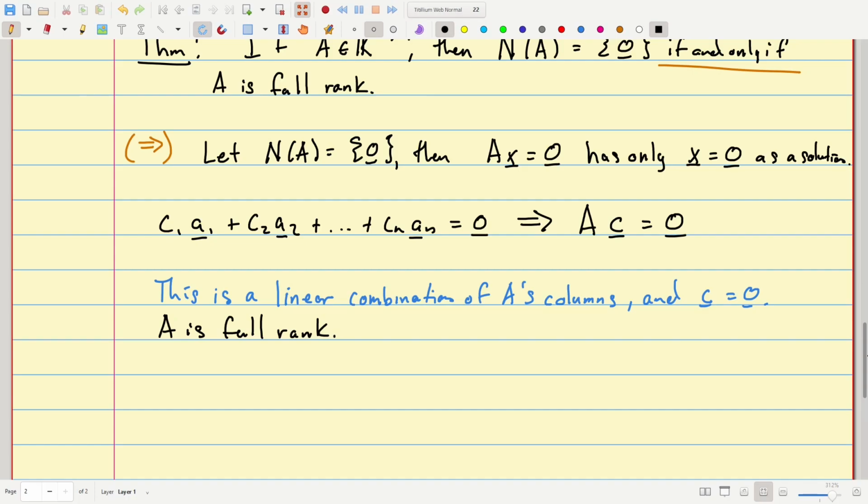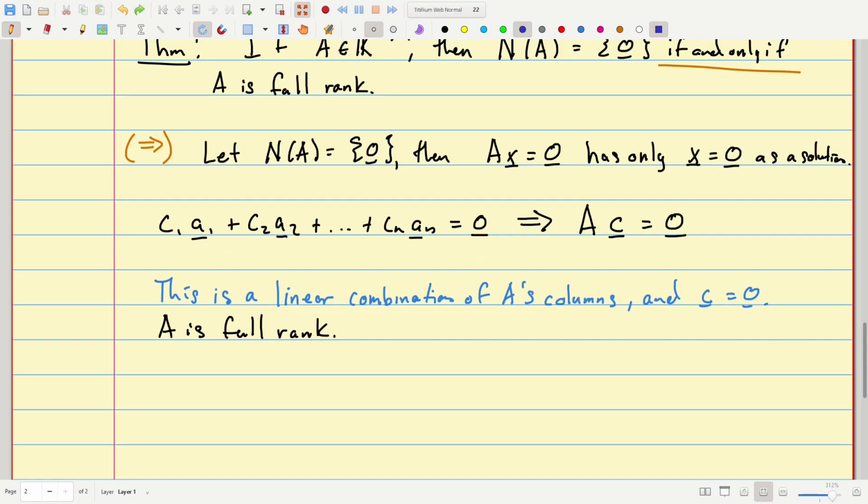Make sense? So there are 3 parts to this. The null space is trivial, so the homogeneous solution only has x equals 0 as a solution, right? I write out a linear combination of the columns of A, and I set it equal to 0 because that's the only way that something else could be in the null space.